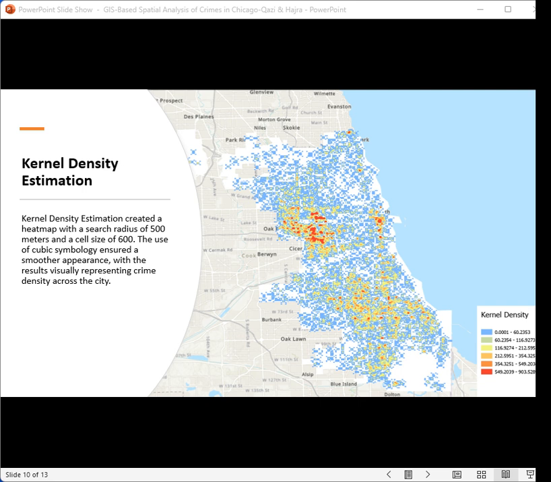We aim to balance a smooth and generalized surface with emphasizing individual point locations. The result is a clear and accurate depiction of crime density patterns in Chicago, represented in a visually appealing heat map. As we are seeing in the map, the red areas have high density and the blue areas have low density.